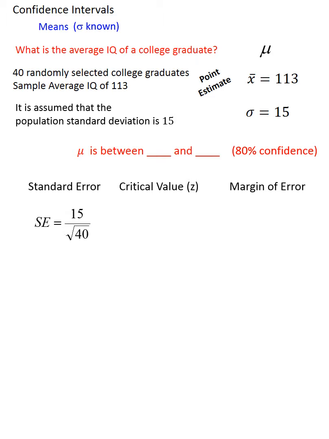Going back to this particular case, this standard error works out to be about 2.37. And just to give you a sense of what that means, it means that my estimate of 113, which is the only estimate I have so far for the population mean, may be off, and it wouldn't be unusual for that point estimate to be off by 2.37.